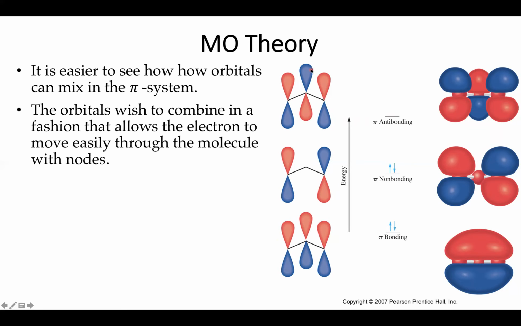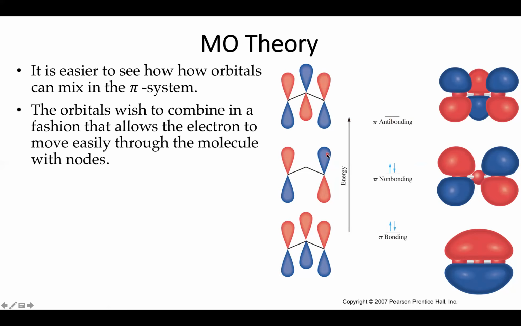And for every time I produce a favorable orbital, I'm going to produce a very unfavorable orbital where I'm going to have a node where I have to switch directions of the density every time I go from one atom to another, because this will make it very hard for the electron to move throughout the system. So this produces my anti-bonding orbital.